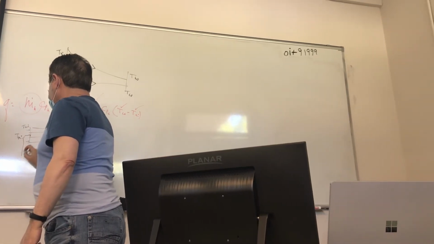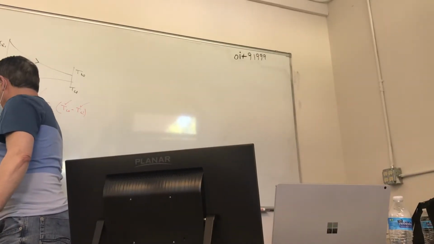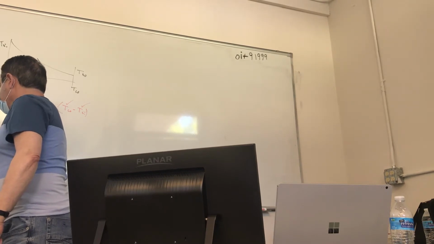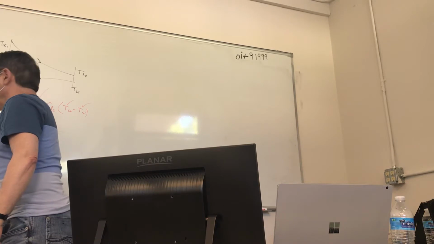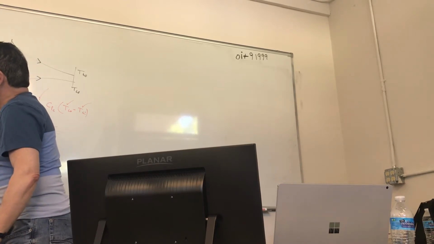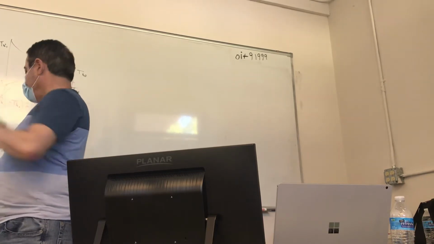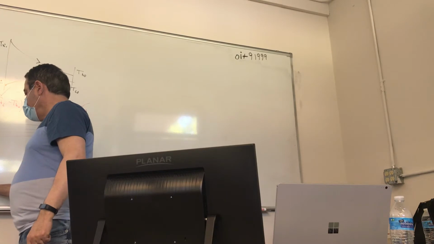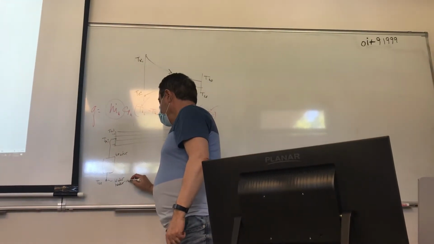But before, this is the heater, and this is that TC0. Thermocouple 0. So this is the temperature coming out of the water heater, the water heater output.